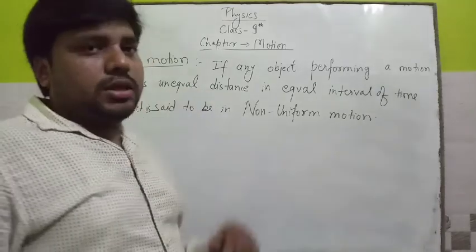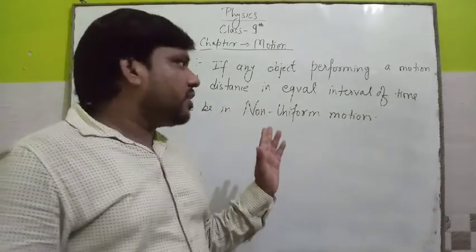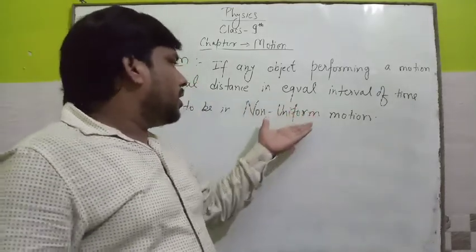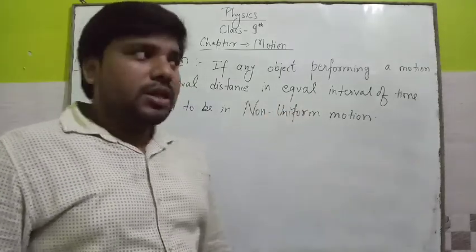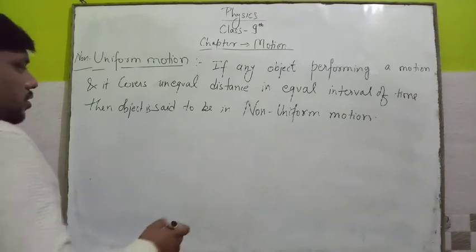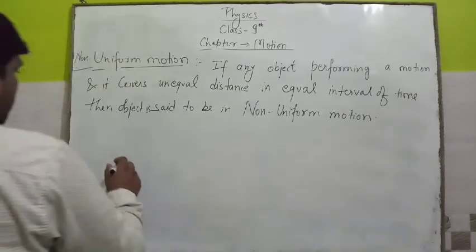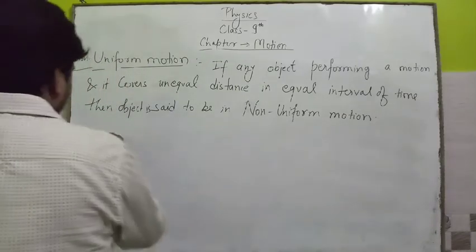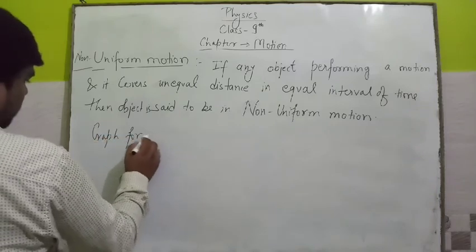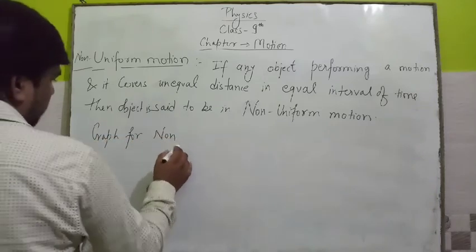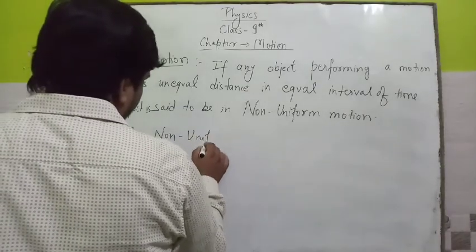Unequal distance. In uniform motion it travels, covers equal distance, and in non-uniform motion it covers unequal distance in equal interval of time. Same here, you also make the graph for non-uniform motion.